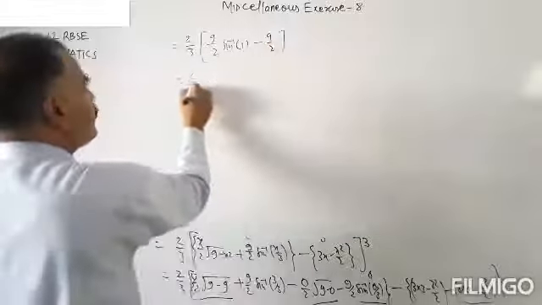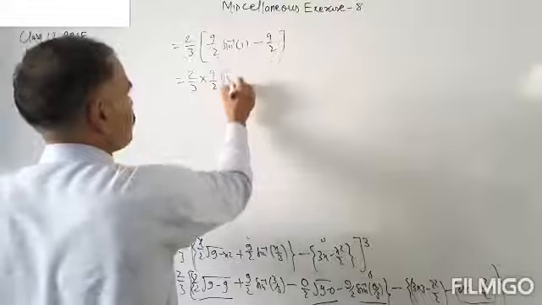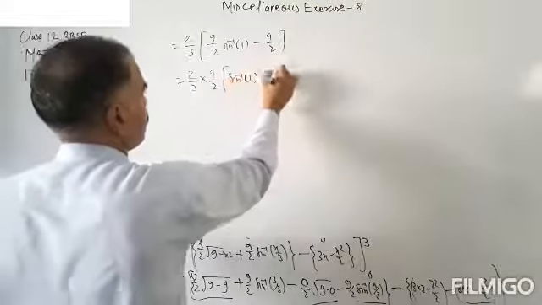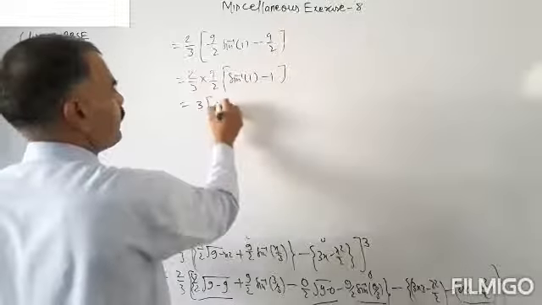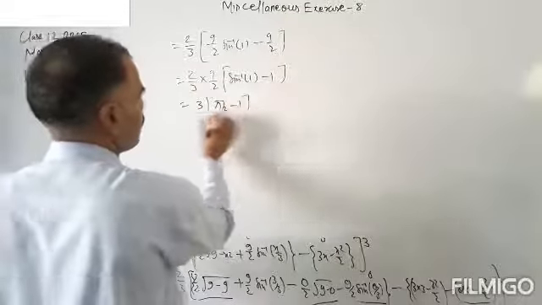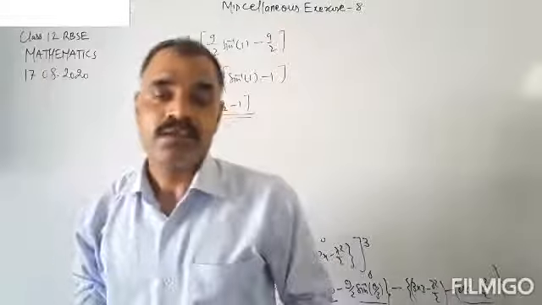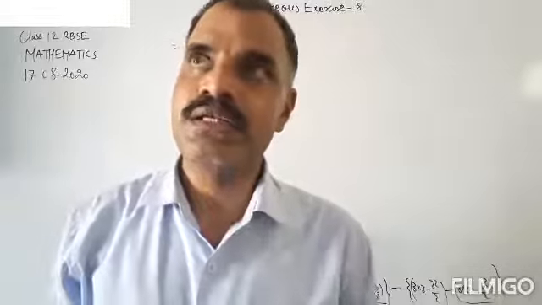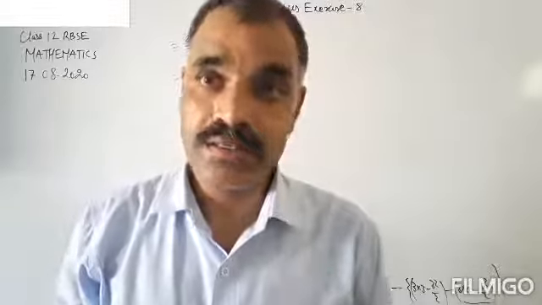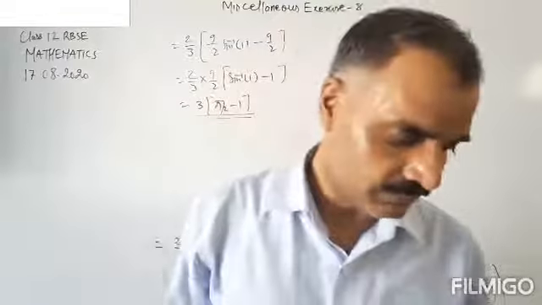So 2 by 3 into 9 by 2 taken as common, sine inverse 1 minus 1, that is 3 into (pi by 2 minus 1). This is the required area of the region. In this way we can find the area of the region bounded by the ellipse and the straight line. So this was question number 8.